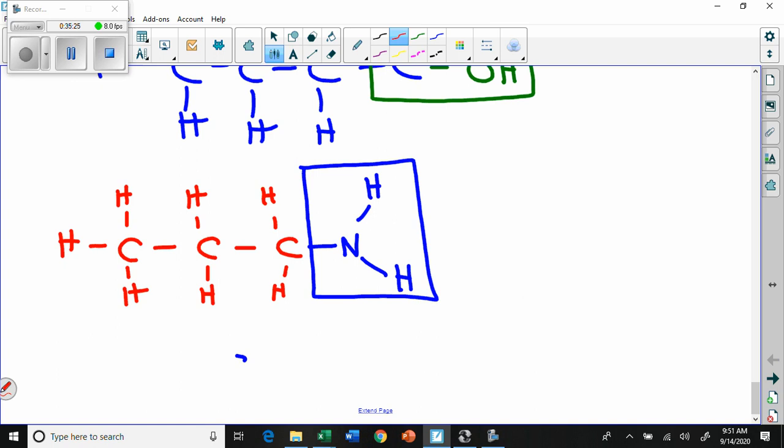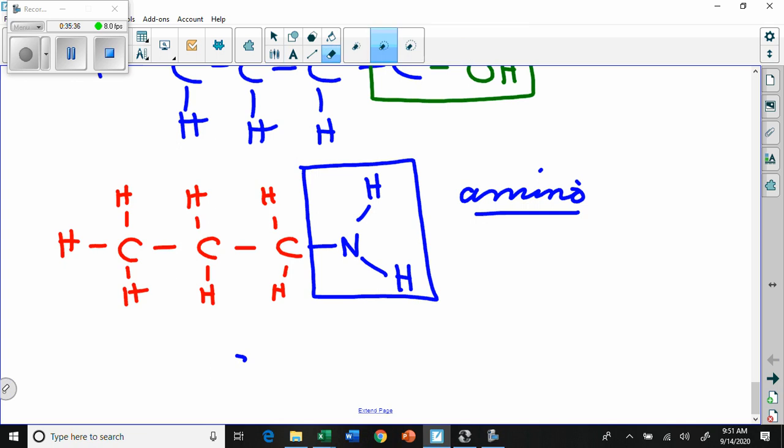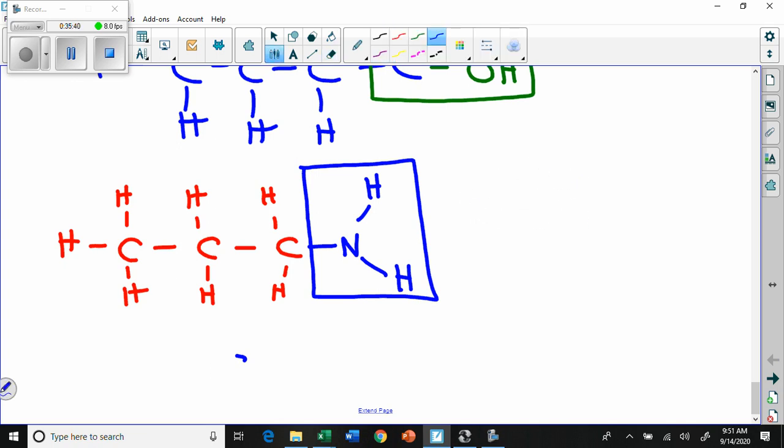But this NH2 thing is called the amino. Okay? Can't read that? It's called the amino group. It is what forms amino acids. Amino acids are acids that have this group. We're going to learn about those shortly. But this is called the amino functional group.